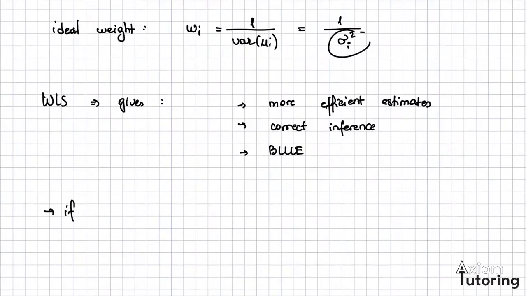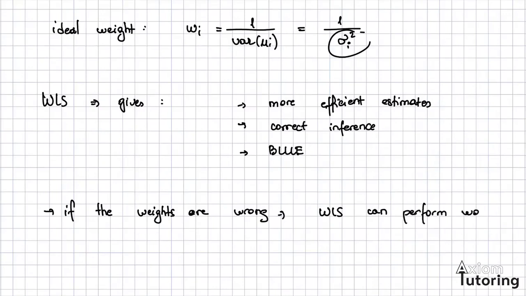But if the weights are wrong, then weighted least squares can perform worse than OLS would have under heteroscedasticity. So a badly specified weighted least squares is worse than a correctly specified OLS with robust standard errors.